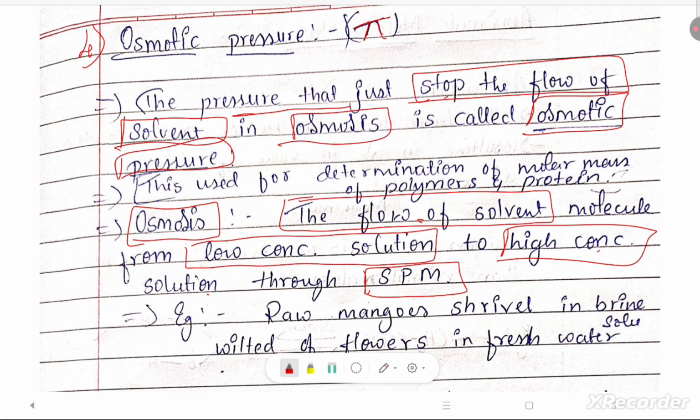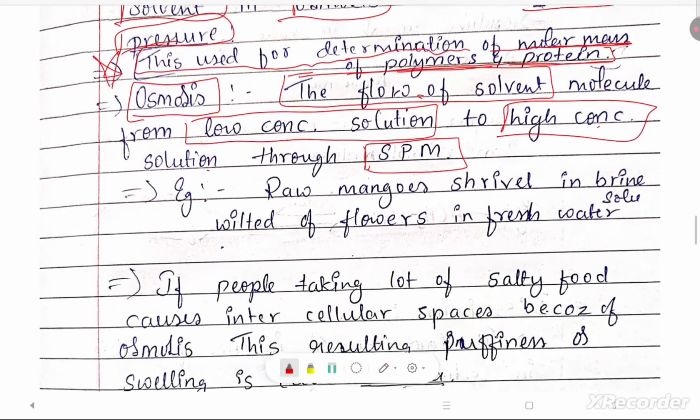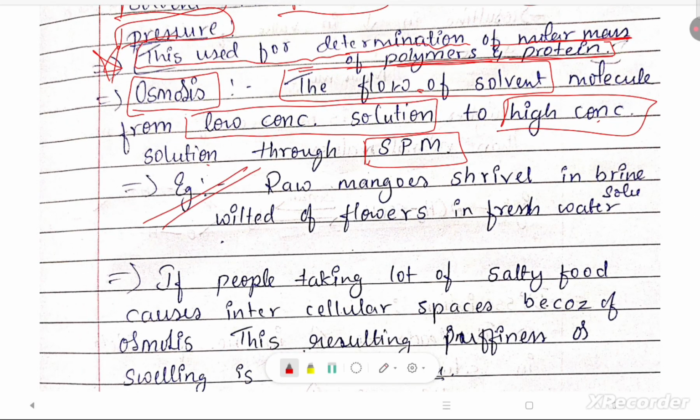Remember, osmotic pressure is used for determination of molar mass of polymers and proteins. This is an important point. They use osmotic pressure to measure the molar mass of polymers and proteins. For osmosis you can take the example of raw mango stored in brine solution, or a flower.